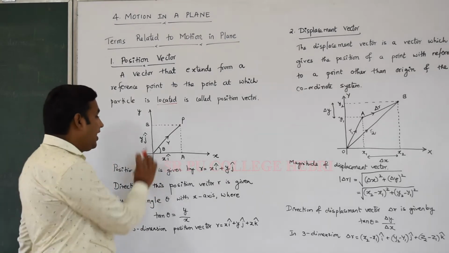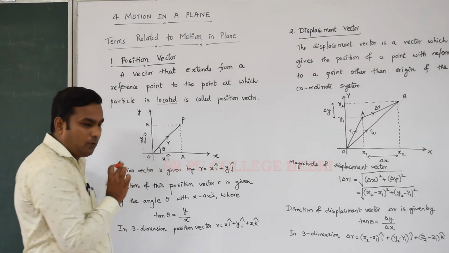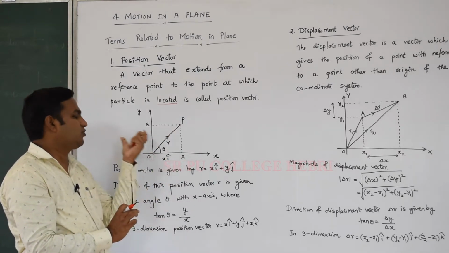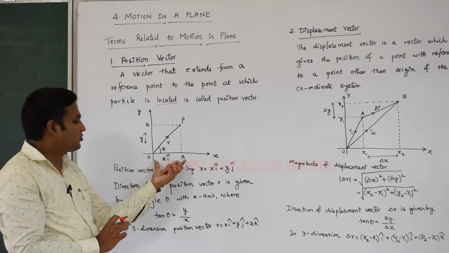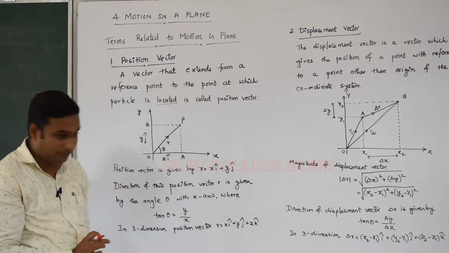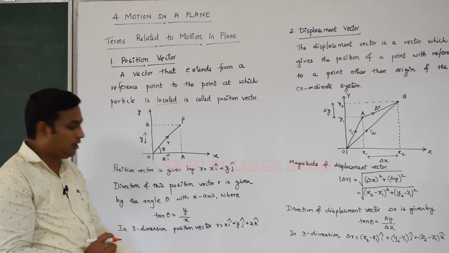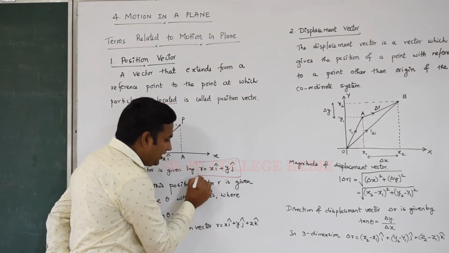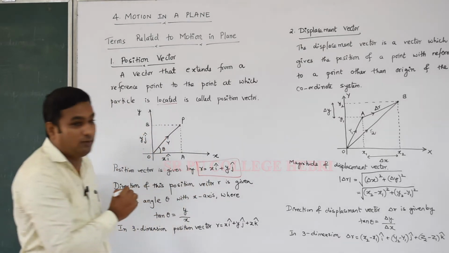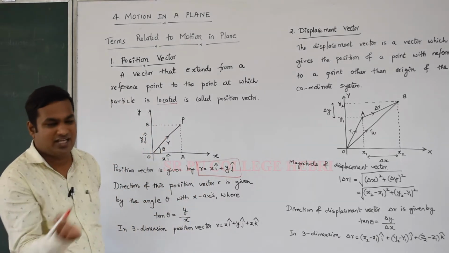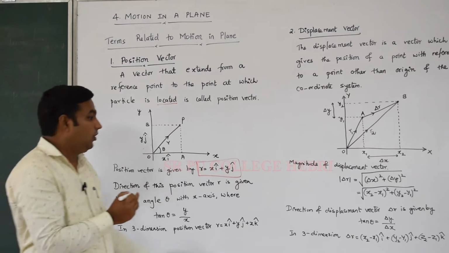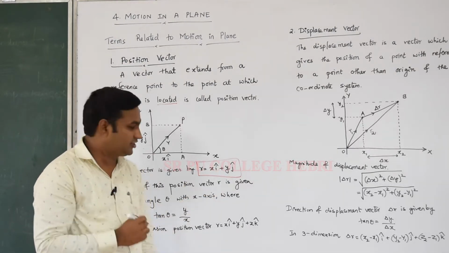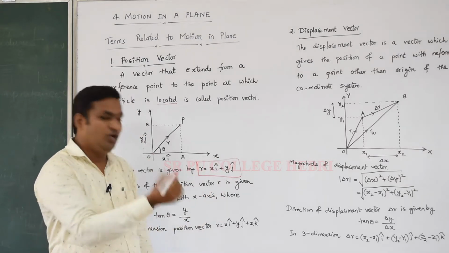Here x i cap and y j cap are the components of position vector r along the x-axis as well as the y-axis, which we call the horizontal component and vertical component. Since the particle is in the xy plane, automatically there are 2 components, one along the x-axis and the other along the y-axis. So the position vector r is equal to x i cap along the x-axis plus y j cap along the y-axis.